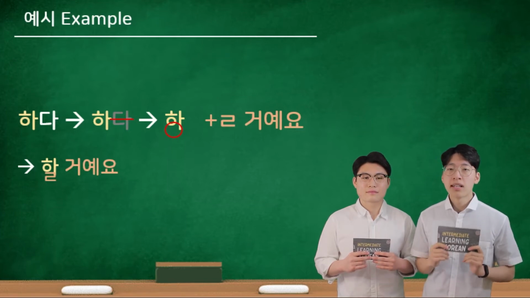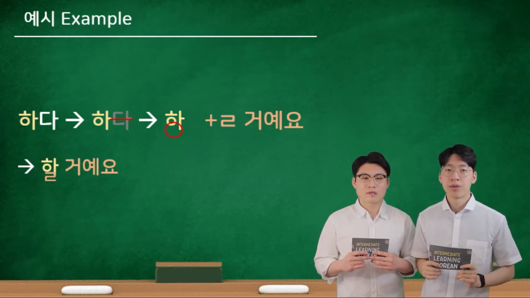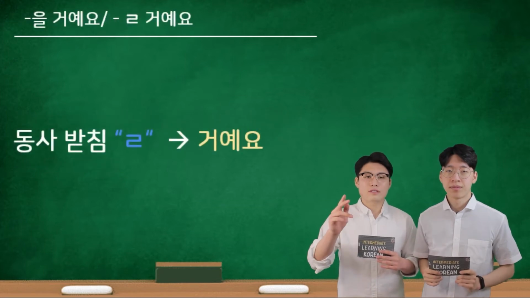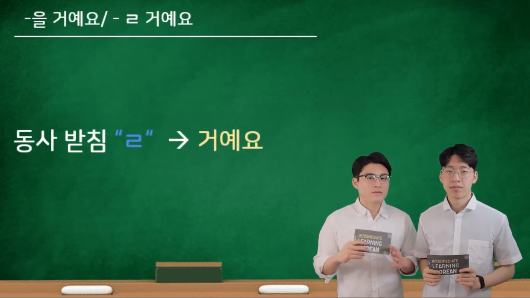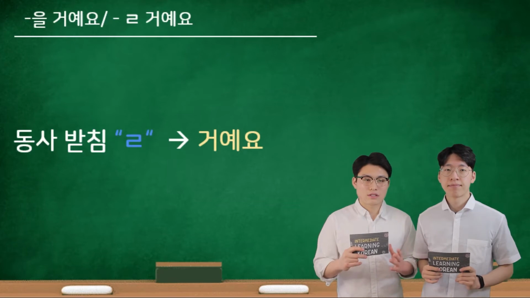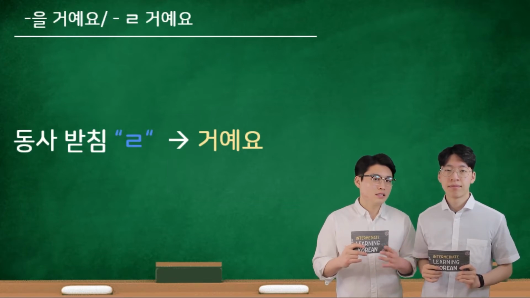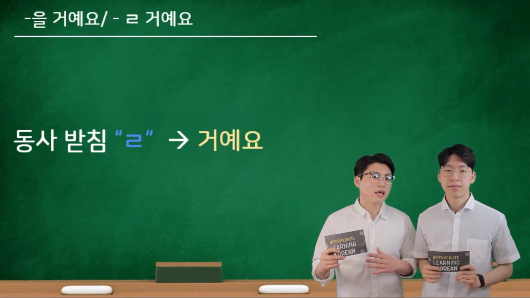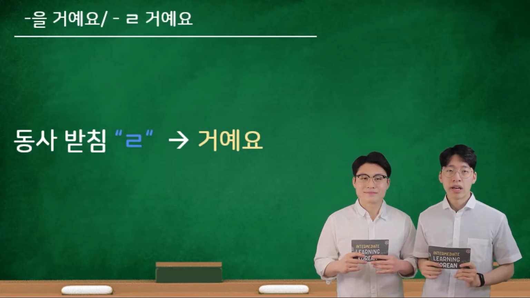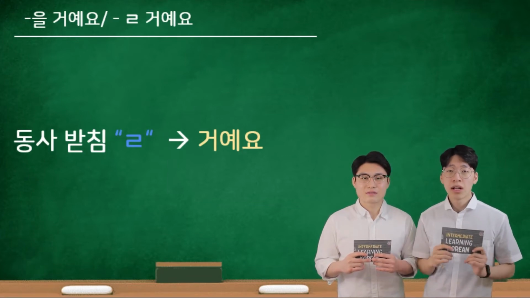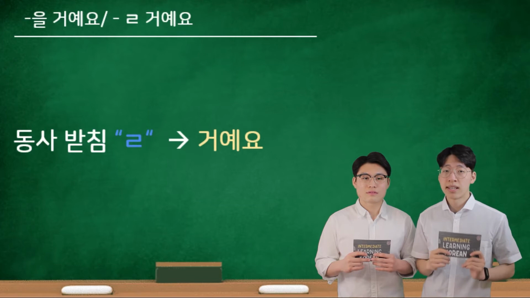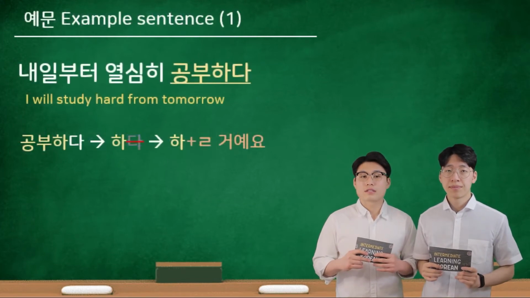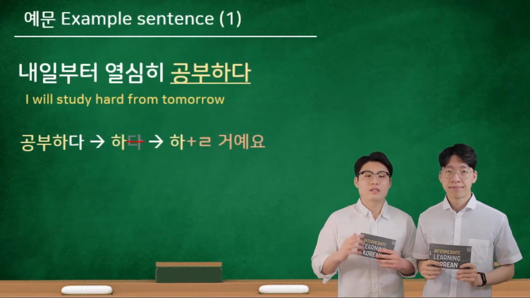So it becomes 할 거예요. Yes, but there is one exception. If the final consonant in the verb is 리을, we have to use 거예요. Yeah, right. Then, shall we learn more through example sentences? Yes, this is the first example sentence.